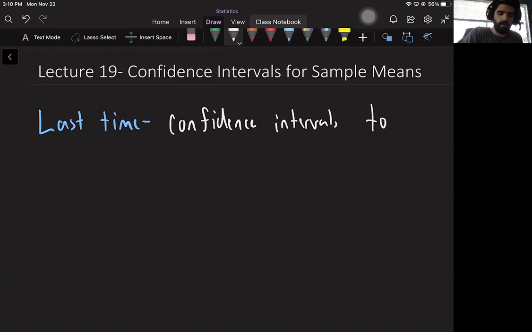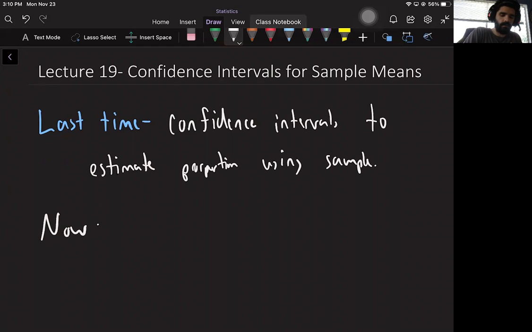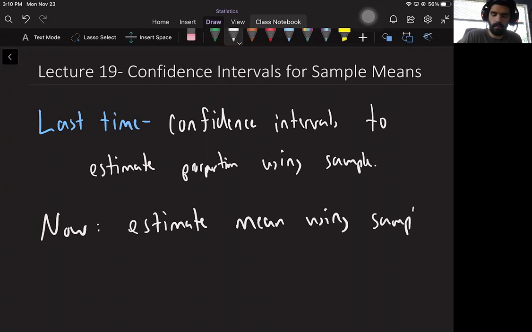So the idea was to estimate proportions using a sample proportion. Now we're going to do a very similar thing, but we're going to estimate a mean using a sample mean.